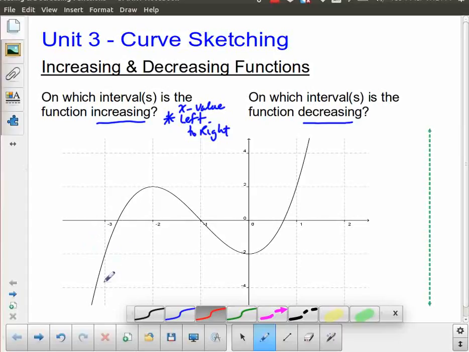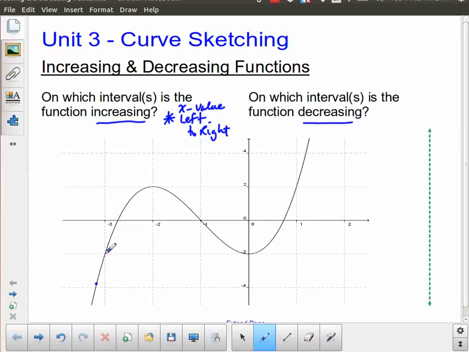So with that idea, first of all, as it was going from here to here to here, we can see the function is increasing. When it reaches this point, we have a local maximum.